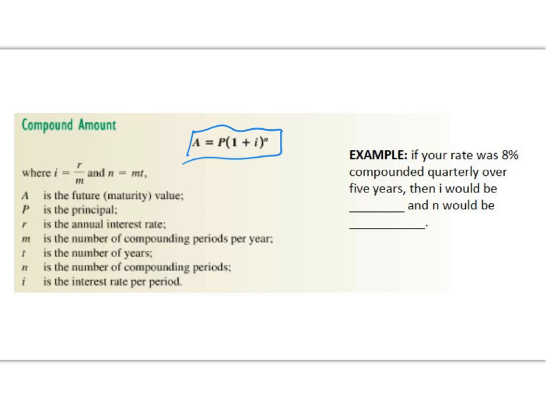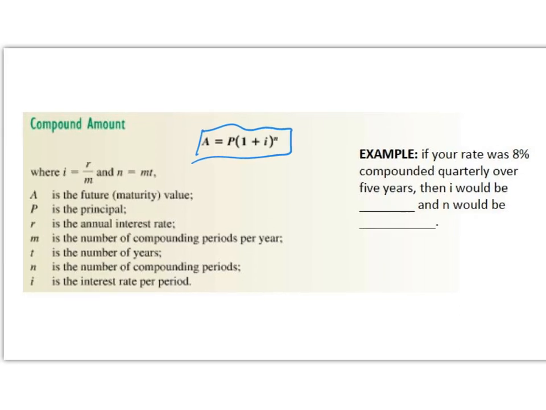Now, there are 2 parts to this formula that are really important, but the most important things that you need to know for now is that A is the account balance, or the future value. And if you remember, that's what happens after we have our interest accumulated. And our P is our principal or our present value.